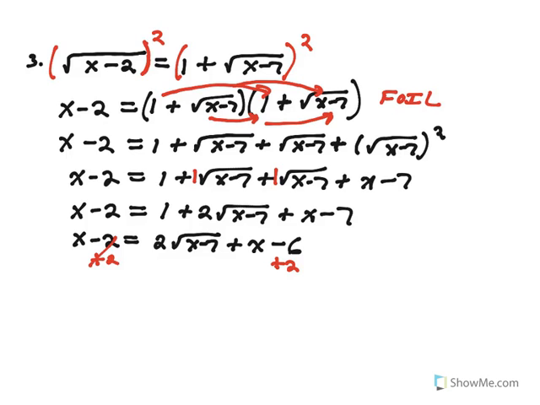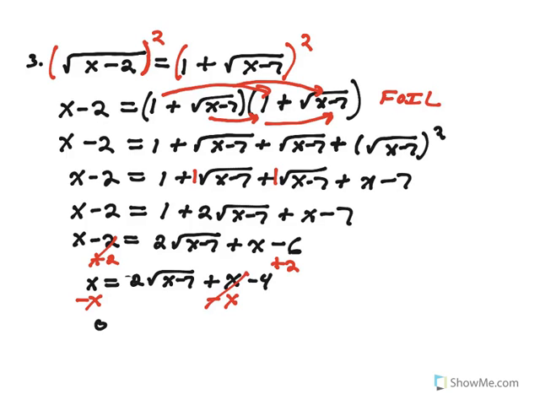Then you just have x equals 2. Minus 6 plus 2 is minus 4. And then we can go ahead and cancel the x out.